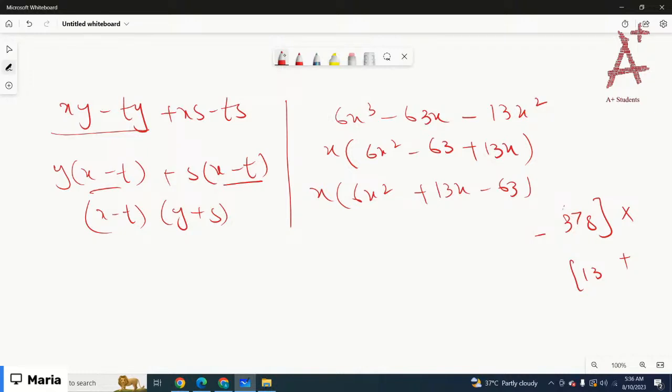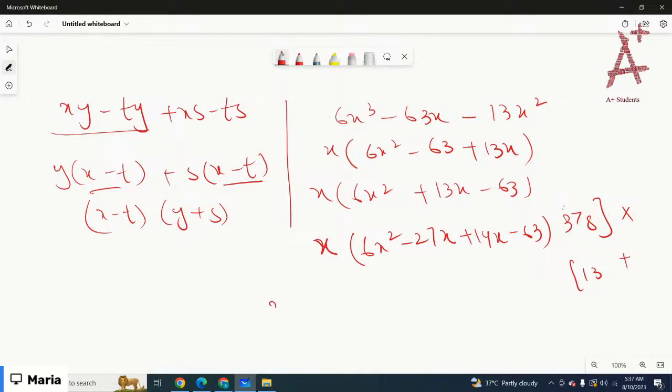Okay, x times 6x squared minus 27x plus 14x minus 63, because 14 times 27 is 378.